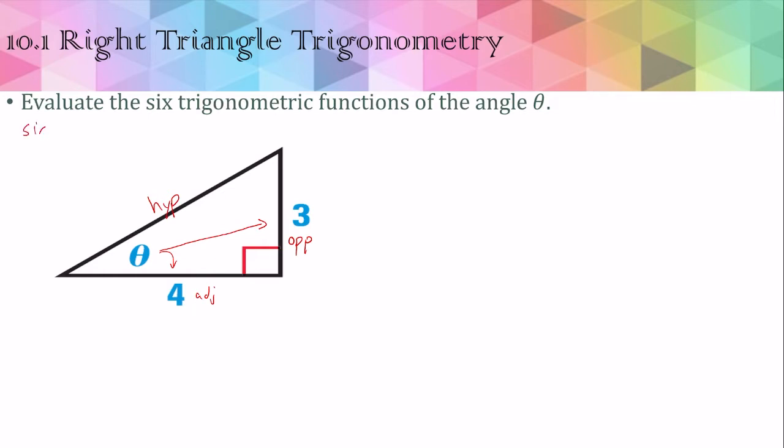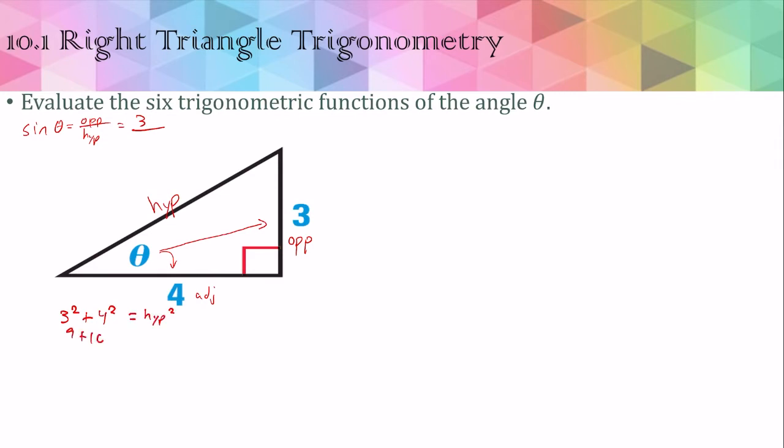Alright, so sine is the opposite over the hypotenuse. The opposite is 3. The hypotenuse is, wait, what's the hypotenuse? Well, we could use the Pythagorean theorem. 3 squared plus 4 squared equals my hypotenuse squared.